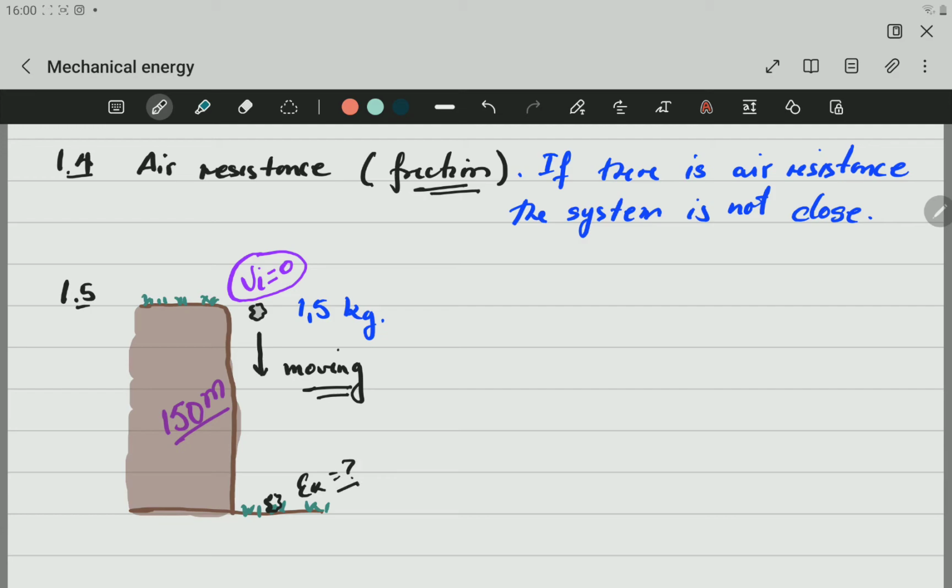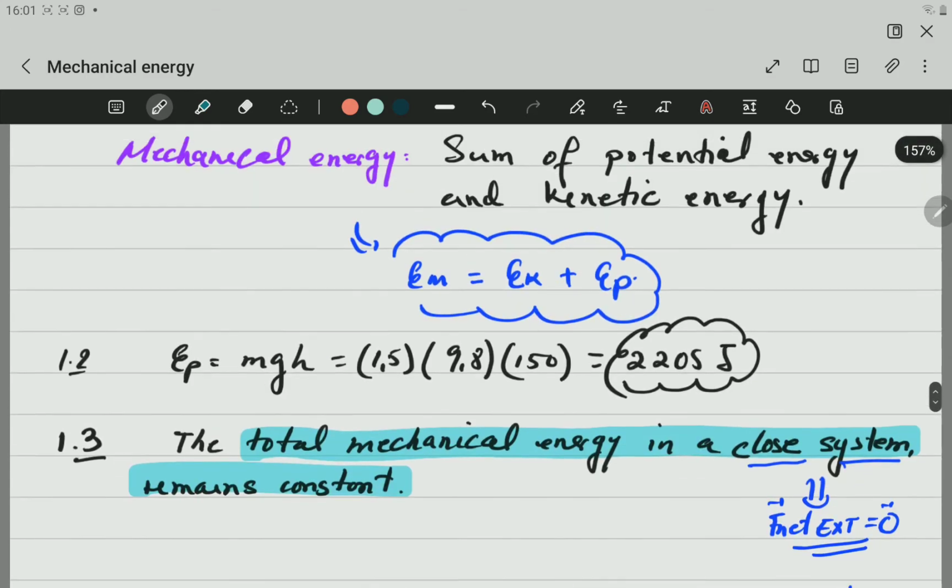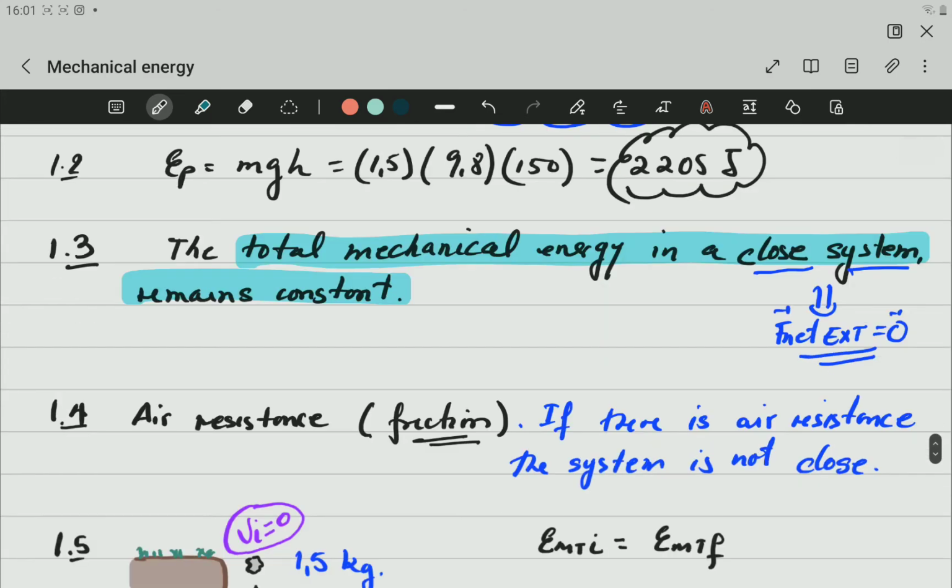So we are going to apply the principle of conservation of mechanical energy, right? So this system is closed. You don't have to write closed system, but you can start by saying that the total mechanical energy initial is equal to the total mechanical energy final. Remember, mechanical energy is kinetic plus potential.